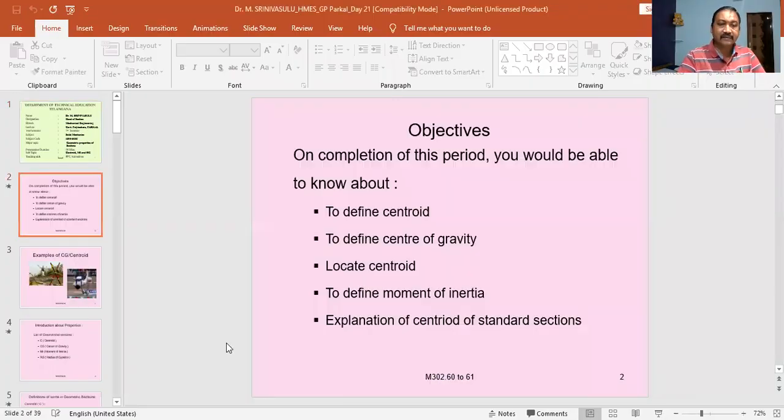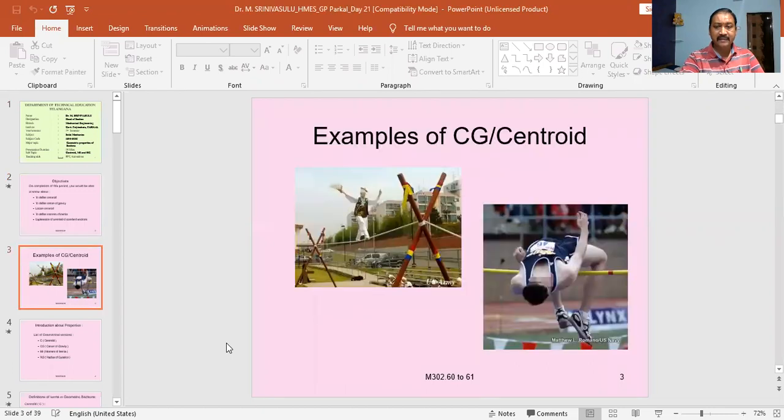In the last class, we discussed the definition of the centroid or the center of gravity, moment of inertia, and radius of gyration.